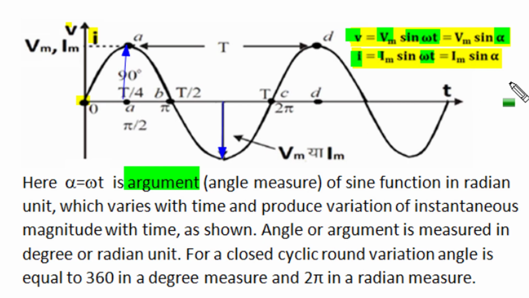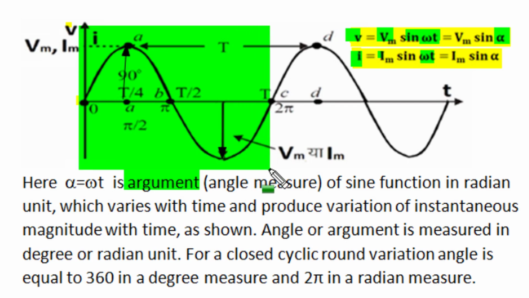Now this angle or argument is an angular measurement, and for one entire non-repetitive set of values which repeats itself, as shown here in green highlight and known as a cycle, the total argument of one cycle is taken as 360 degrees in the degree system, and in radian angular measurement it is considered as 2 pi radian.